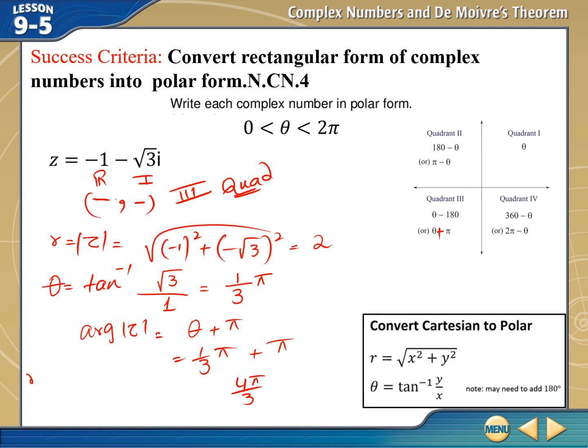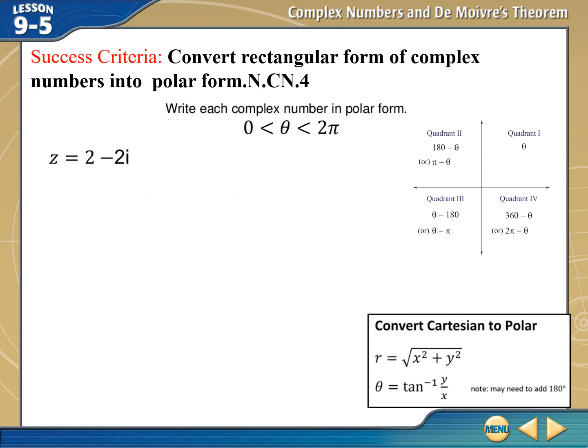So r cosine theta plus iota sine theta. So r is 2, cos, and theta is 4 pi by 3, plus iota sine 4 pi by 3. So this is how we found our answer.